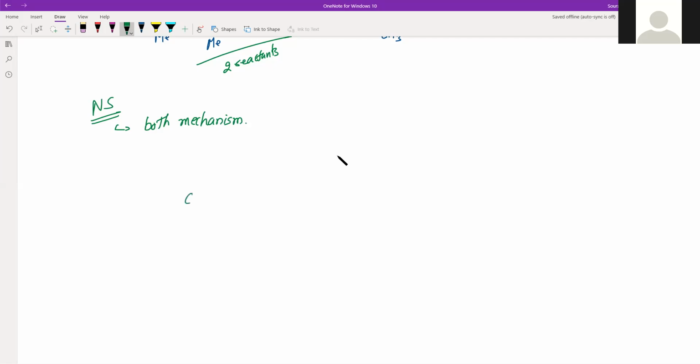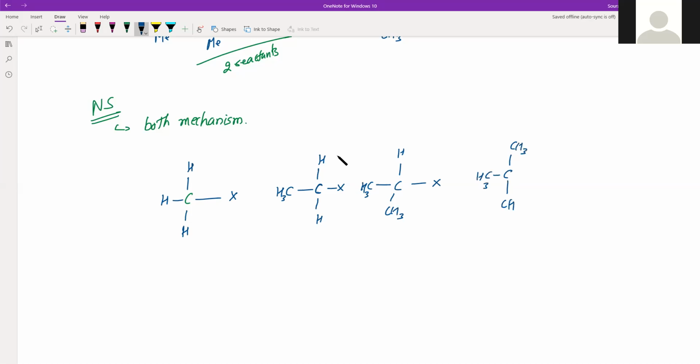So if you have just C with H, H, H and some halogen here, or you have CH2 with CH3 and H, and the last one is the tertiary compound.